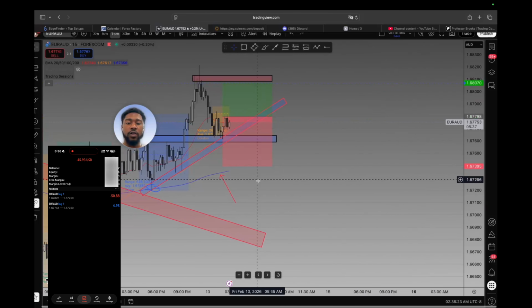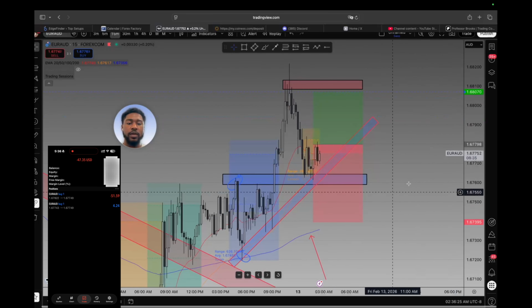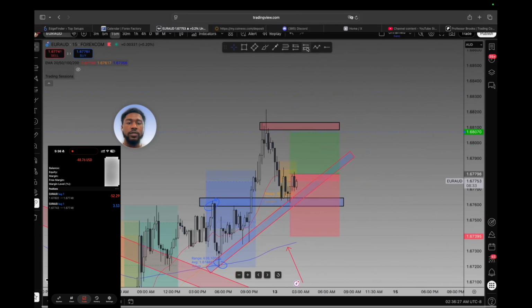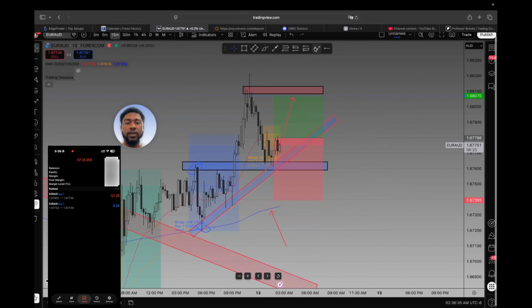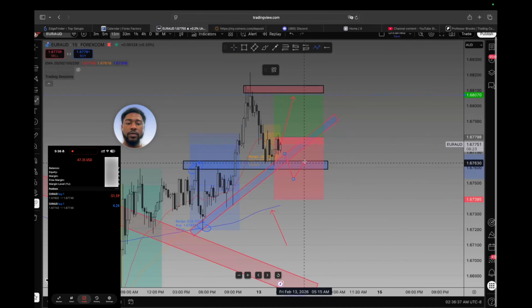But essentially, I'm looking to target a double top or right below this resistance zone. If it fails and we break below this zone, I'm looking to sell 2 lots to make up for my buys.